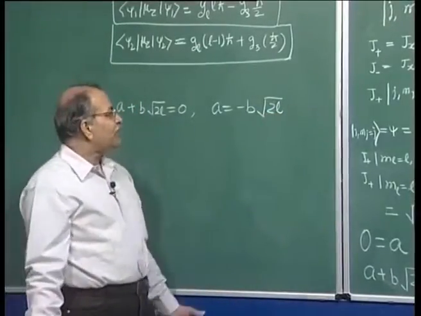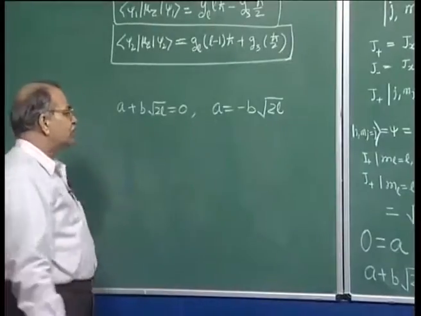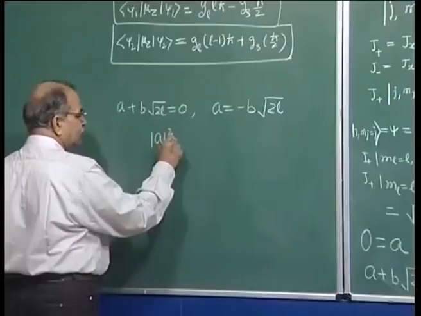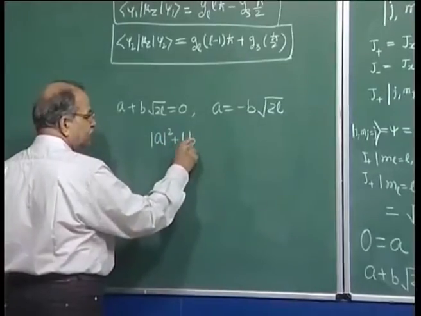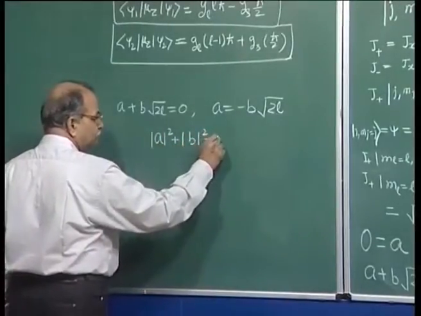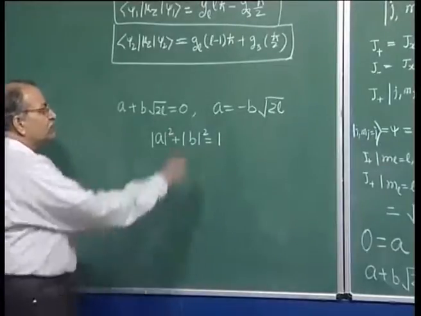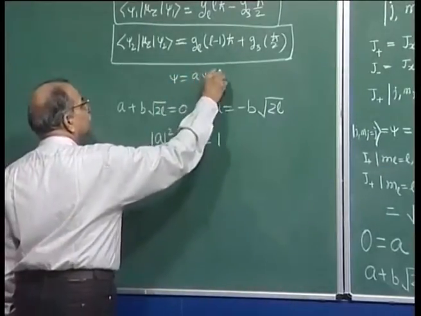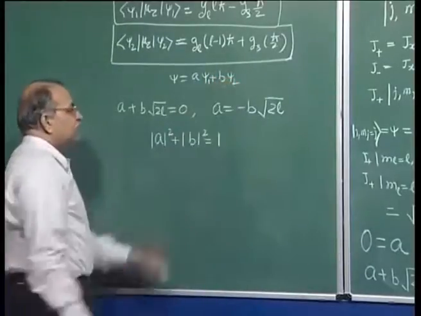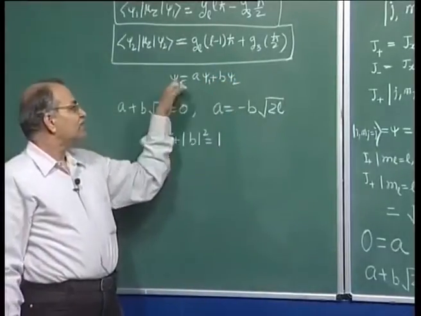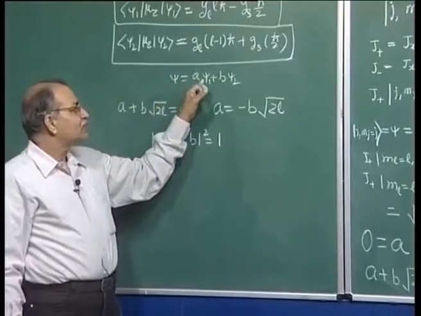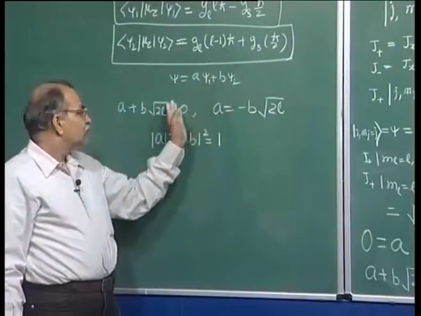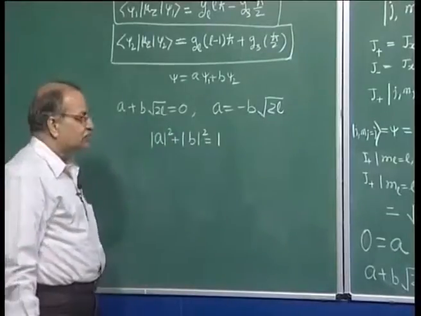Another equation in a and b is very simple: mod a square plus mod b square should be equal to 1, because the wave function you had written as a psi 1 plus b psi 2. So, if psi 1 is normalized, psi 2 is normalized, psi is normalized, then mod a square plus mod b square should be equal to 1. So, you have these two equations.